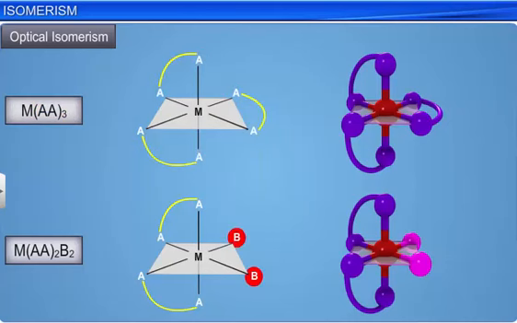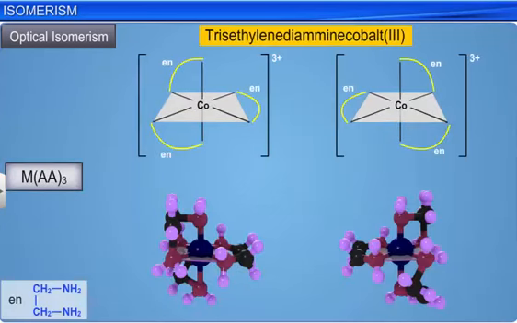Tris(ethylenediamine)cobalt(III) is the best example of an optically active coordination compound of the type M(AA)3, which has only bidentate ligands. The dextro and levo isomers of this complex are shown here.